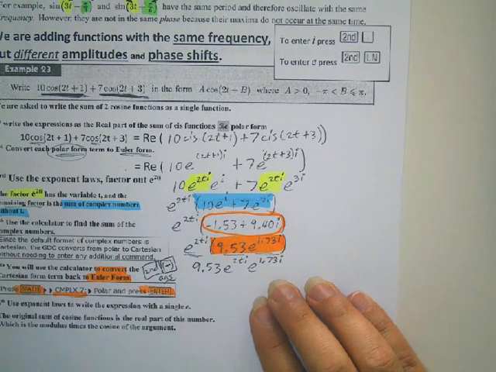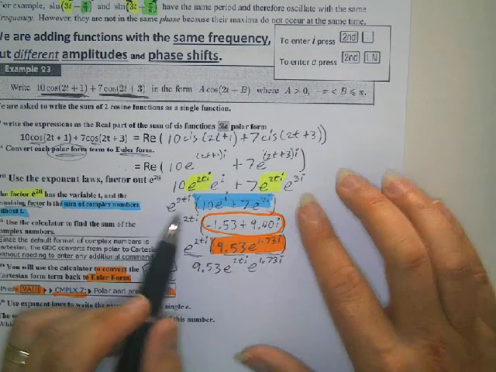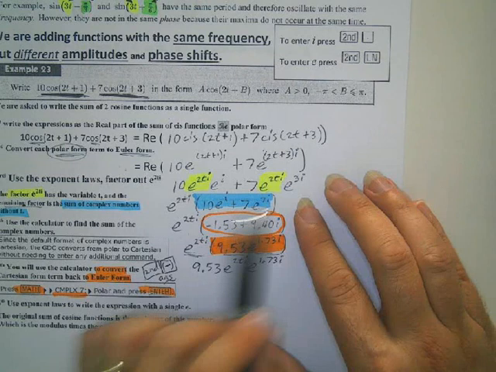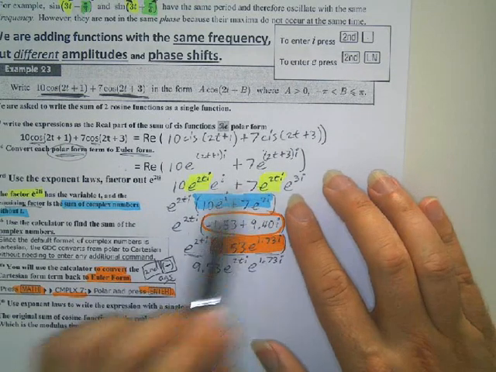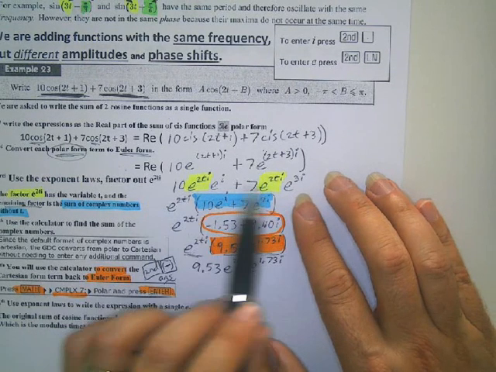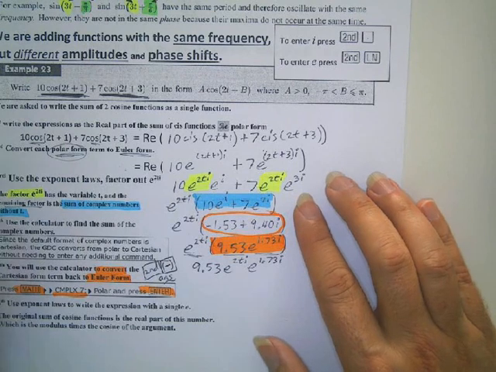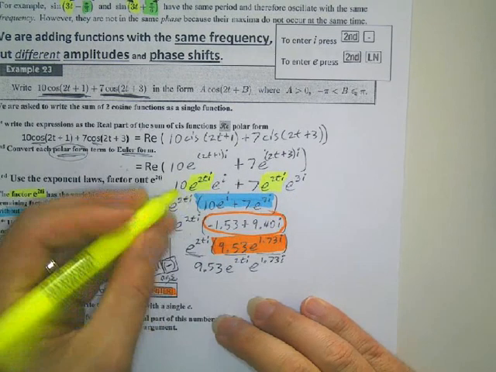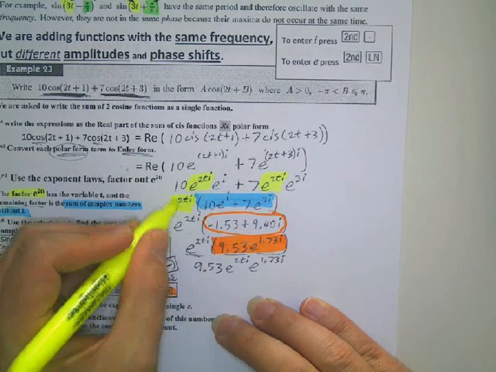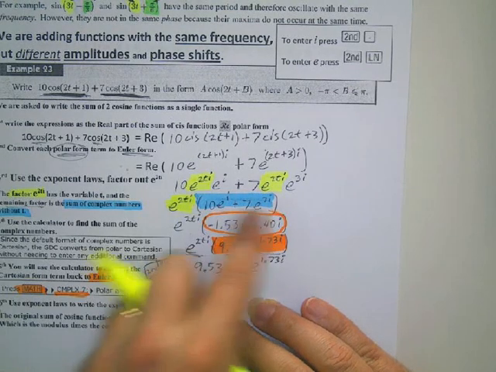Okay, so next, before I go on, what have we done so far? We factored out the 2ti in order to get this one term that has the t in it, and this complex number part does not have a t in it.